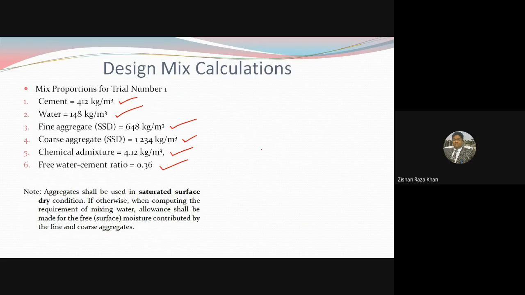Because in question it is given actual moisture is 0% in both coarse and fine. And also given that coarse aggregate can soak up to 0.5% of water and fine aggregate will soak 1% of water. So this water will be soaked up by aggregate. So we need to adjust the water. Okay. So that this ratio shall be maintained.